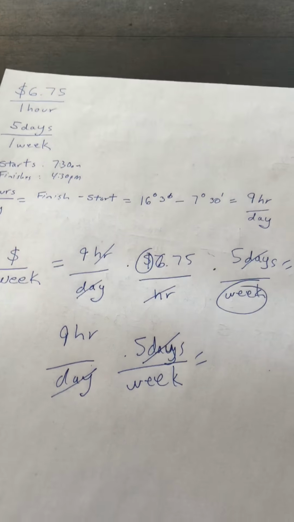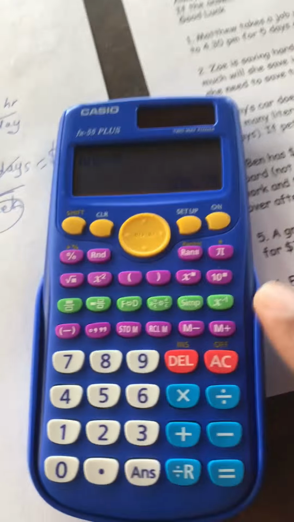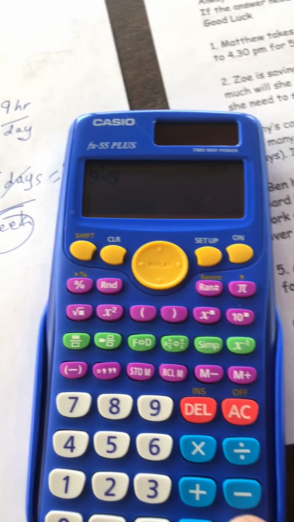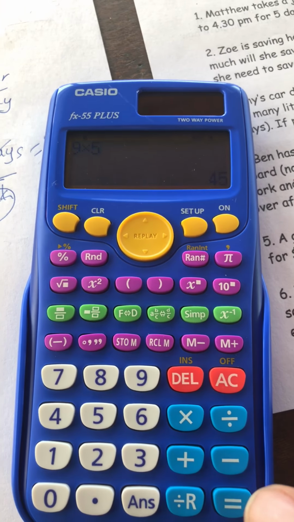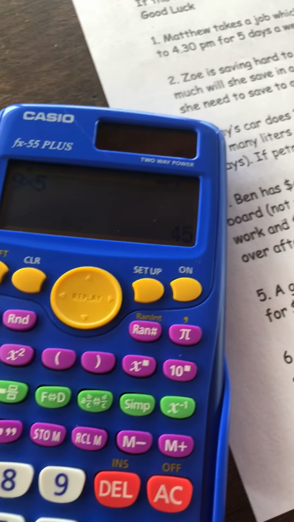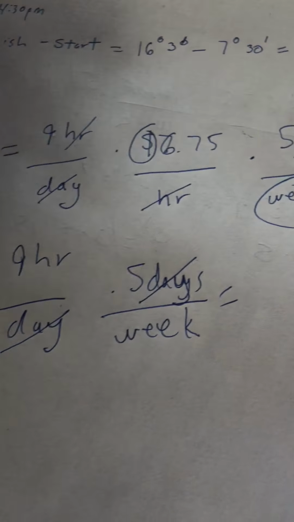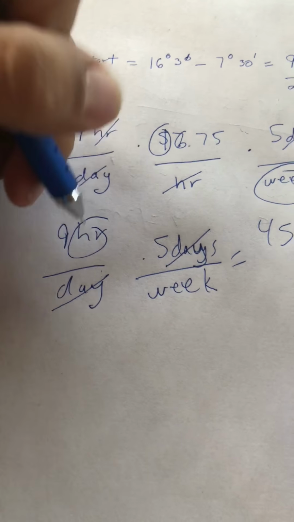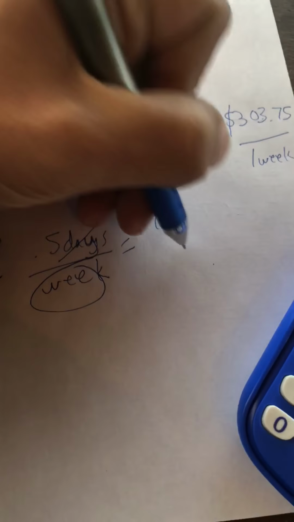Let's see, what's 9 times 5? Can you do that without a calculator? I hope so. But today we're just getting practice with our calculator. 45 what? The answer is 45 hours per week.